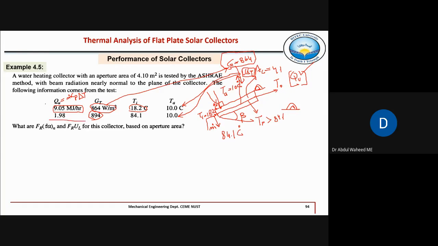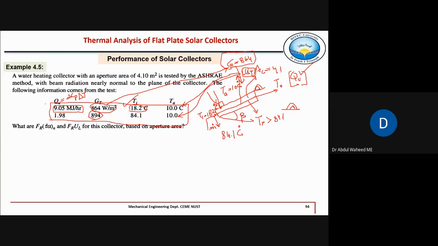Now using this experimental data, just an experimental data from some solar collector, it could be flat plate, concentrator type, evacuated tube type, or any type of solar collector. This data was derived experimentally. Now we are required to find out what are FR tau alpha and FRUL, right?